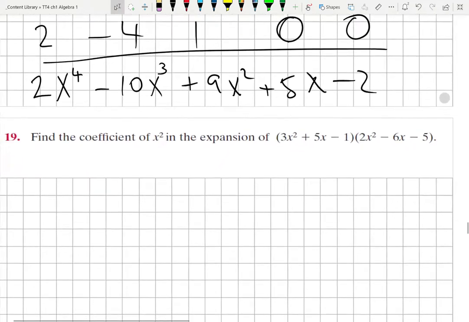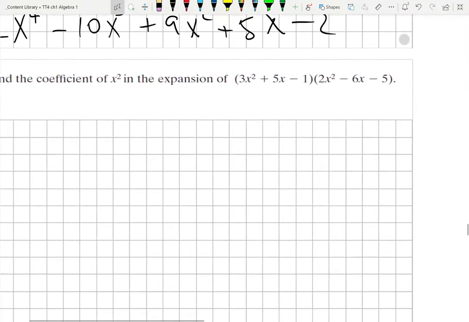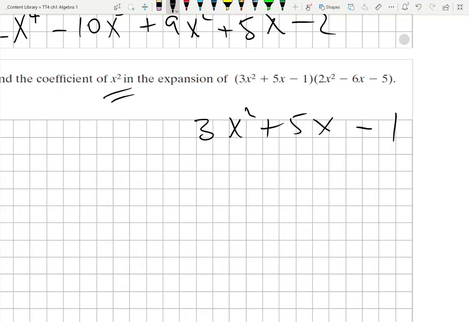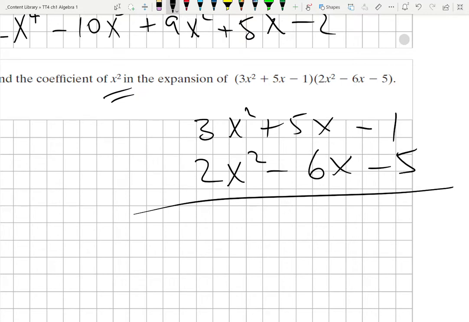Now, if we're finding the coefficient, I'll leave in the variable so you see what I'm doing here. If you're trying to find the coefficient of x squared, we don't have to multiply it all out. Okay, we're going to get x squareds here, here, and here.